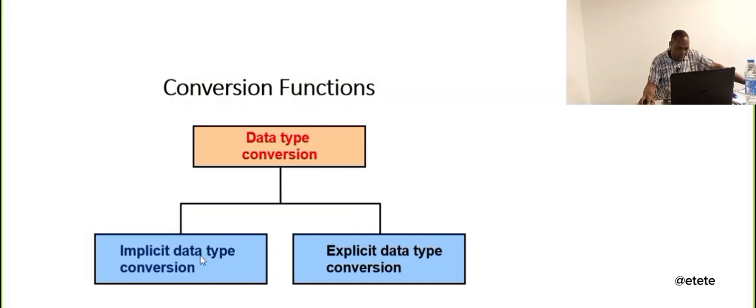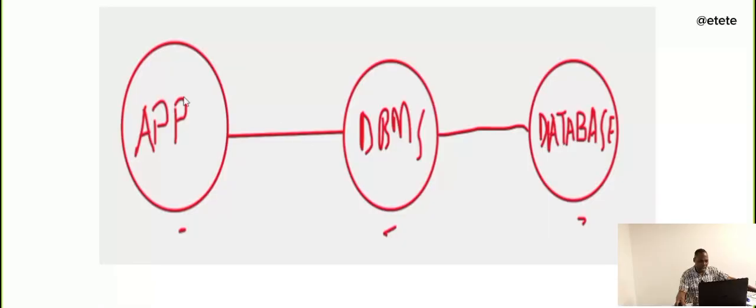Now, what does this mean? I'm sure you still have the image of our database, which is application, database management system, and database. I keep bringing it up because the moment you understand this concept and it sinks in, that is it. I told you that the application will always communicate with the DBMS. It doesn't communicate with the database.